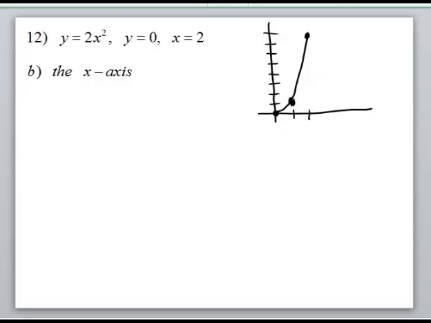And we're still going from the 0 to 2 part. So we're talking about this region. The difference is now that I'm rotating it around this axis.